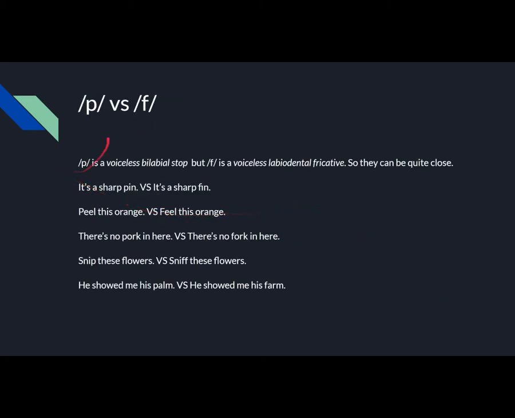So p and f. So say p. The p sound is a voiceless bilabial stop. So we make that. So p, p, p, bilabial, two lips, and we're stopping the air.